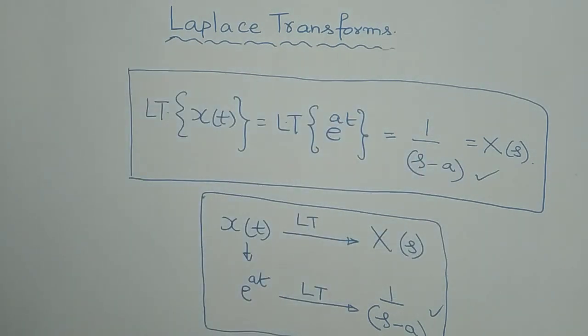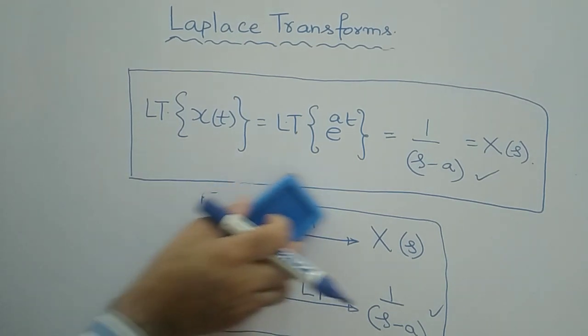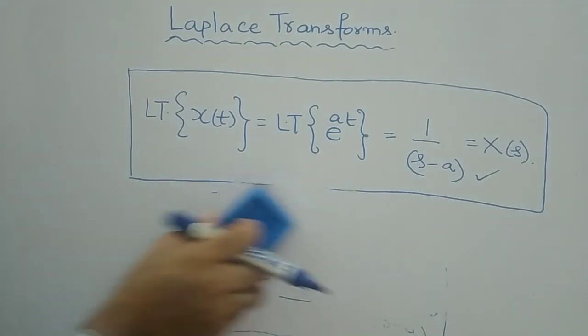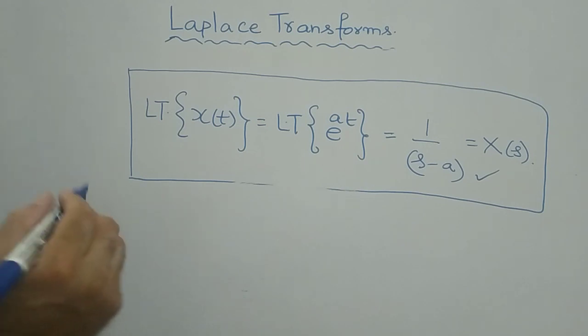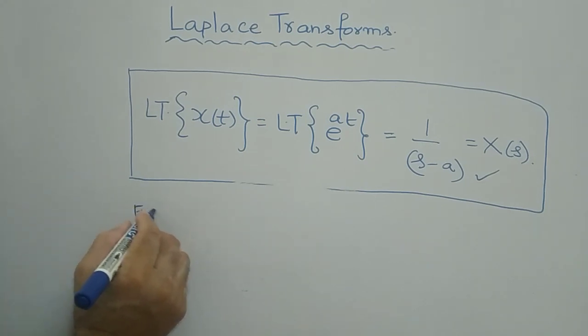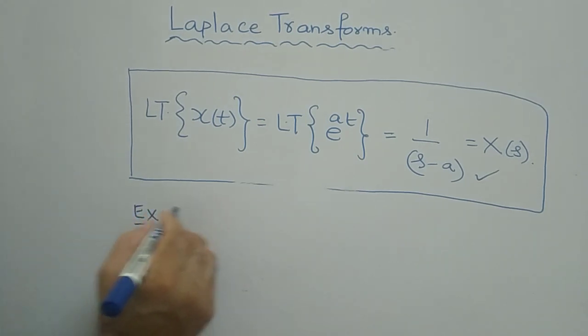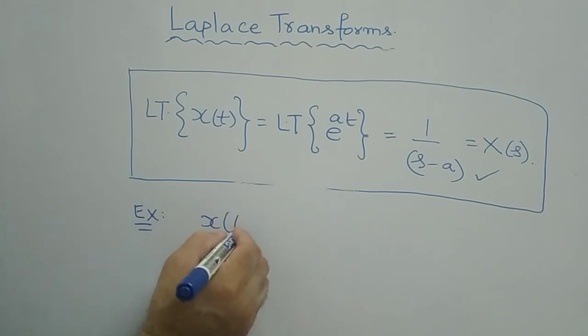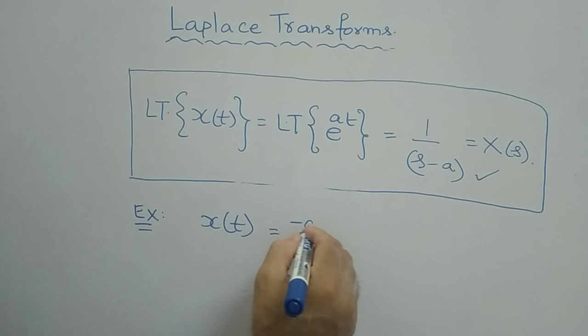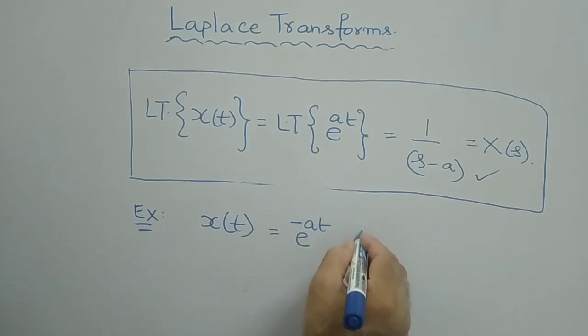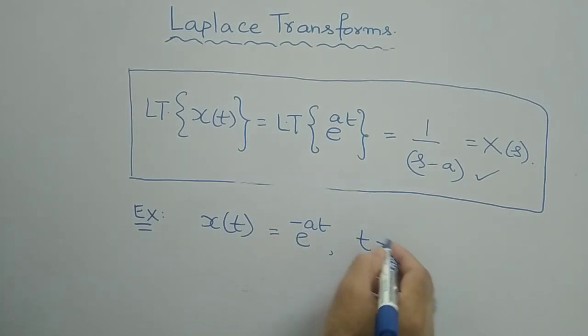Similarly, I can give you one example. Take minus a t. This is plus a t actually. Now for your homework or for your practice, I will give you the example. You can try this on your own. So x of t is equal to e power minus a t, the same, t greater than or equal to 0, no problem.